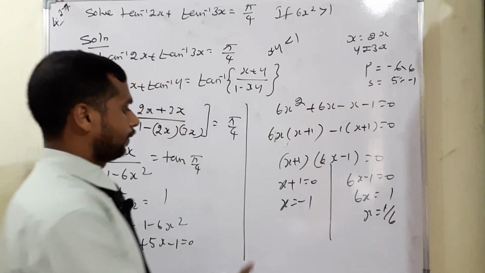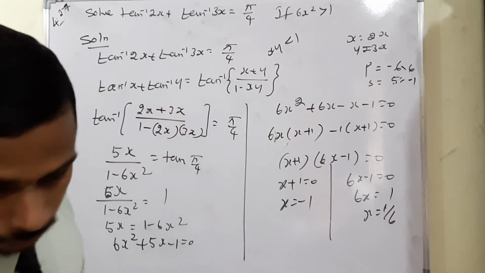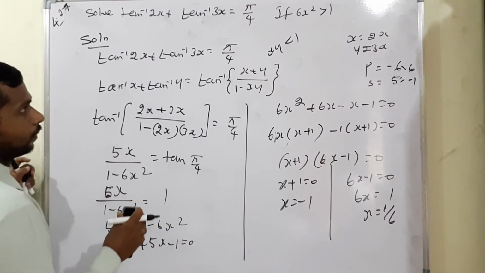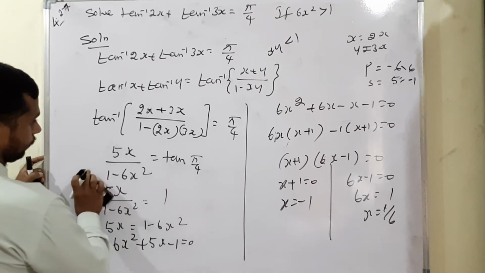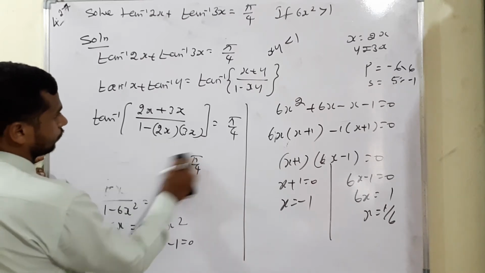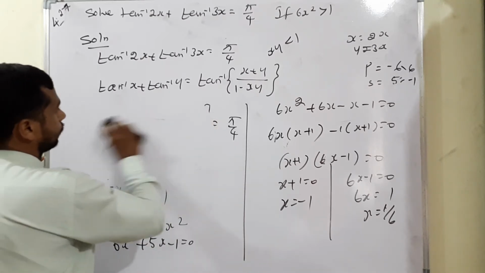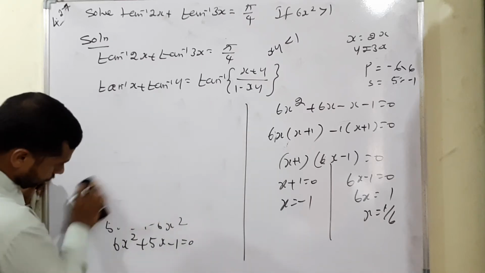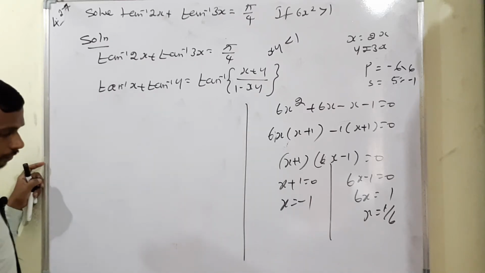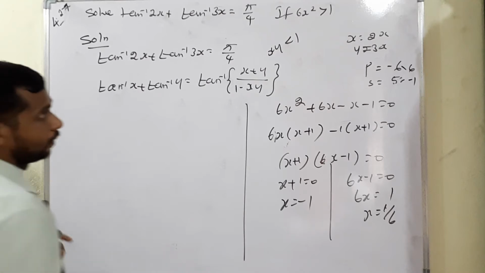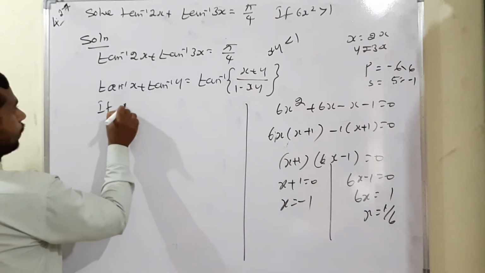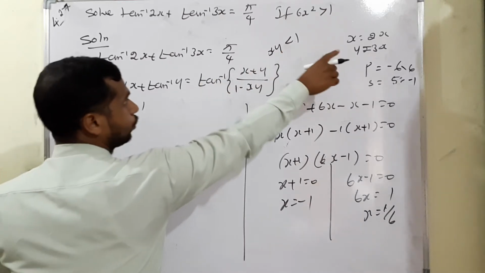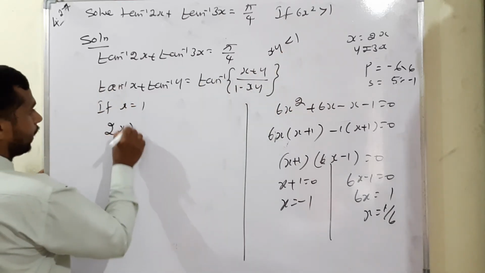First, consider if x is equal to minus 1, what will happen? If x is equal to minus 1, the terms are 2x and 3x.